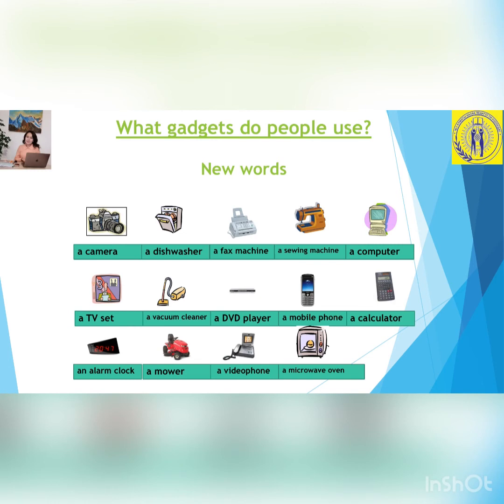A camera, a dishwasher, a fax machine, a sewing machine, a computer, a TV set, a vacuum cleaner, a DVD player, a mobile phone, a calculator, an alarm clock, a mower, a video phone, a microwave oven.